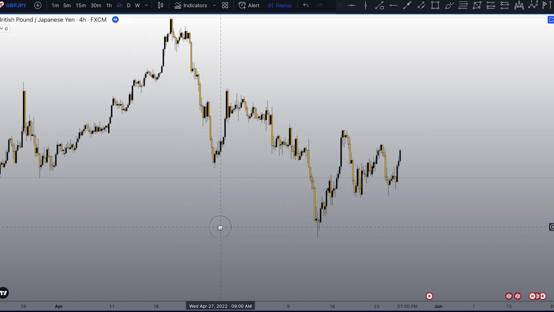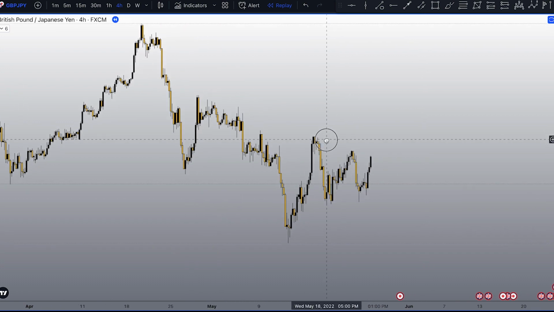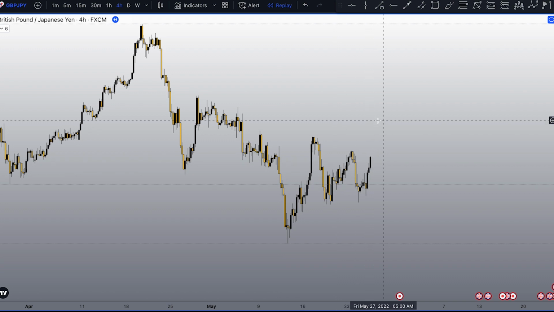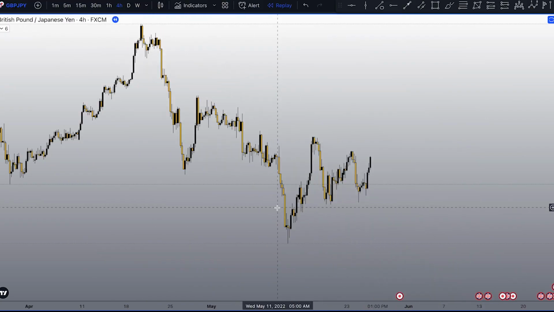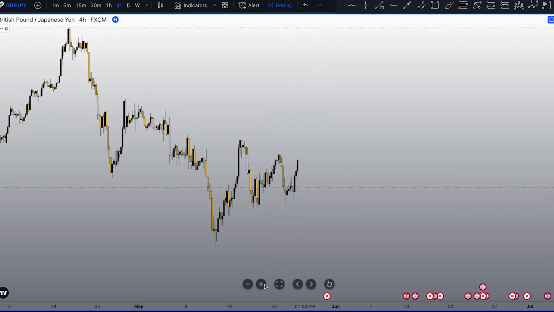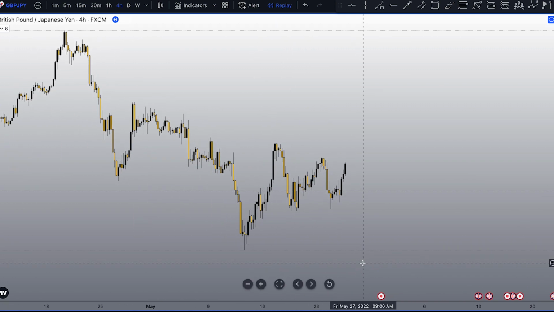However, when you see that the overall trend is bullish, we would expect a bullish breakout, even though the most recent move is bearish. So I hope that makes sense. If you have more questions about that, comment below and I'll help explain those in the comments.